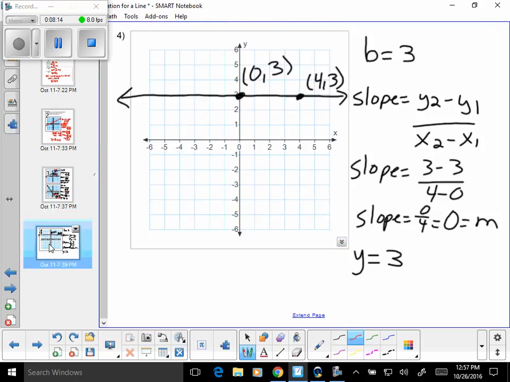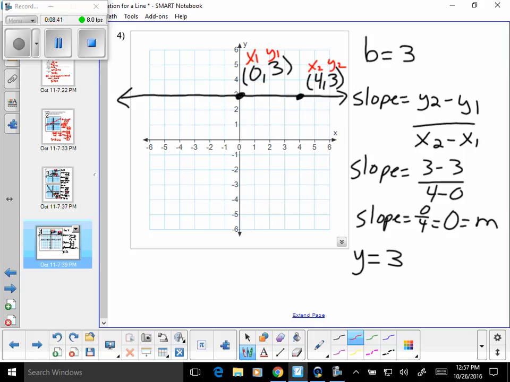Now my last line is a horizontal line, and the slope of a horizontal line is 0, but you still got to show me the calculation. My intercept is going to be at 0, 3, so my b is 3. I am going to choose 4, 3 as my second point. So this is my x sub 1, y sub 1, this is x sub 2, y sub 2.